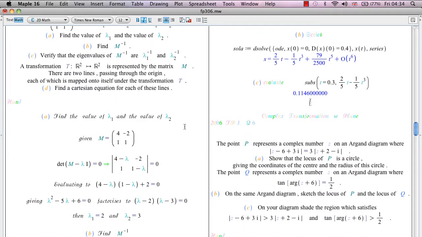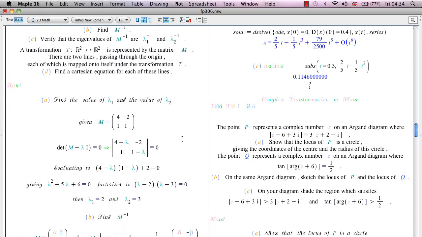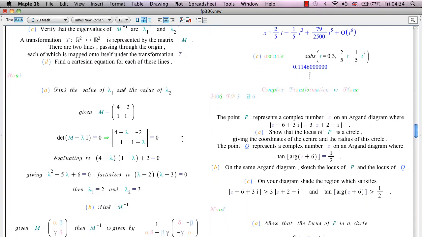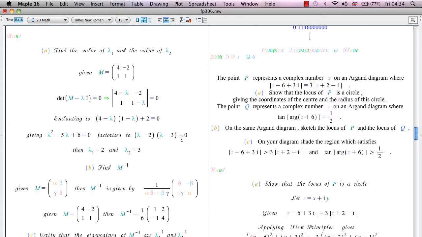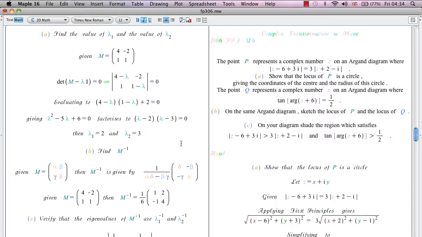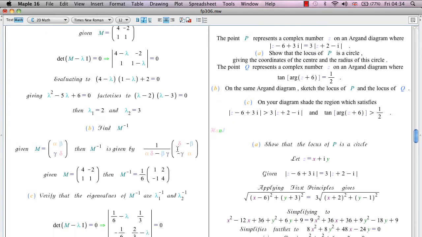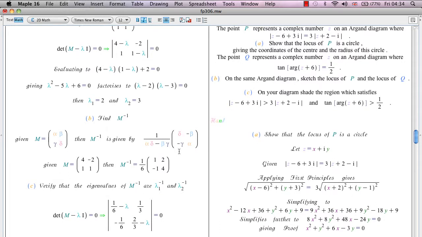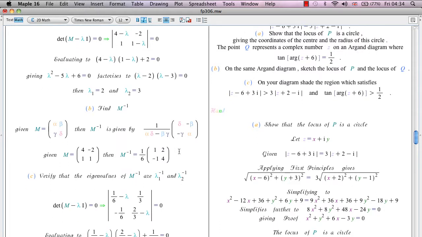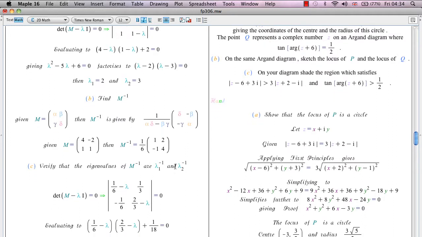So for part A, solving determinant M minus lambda I equals 0, simplifies and factorizes to give two eigenvalues of 2 and 3. And then for the inverse, will be given by this expression. So we can write down the inverse as 1 over 6, 1, 2, minus 1, 4.